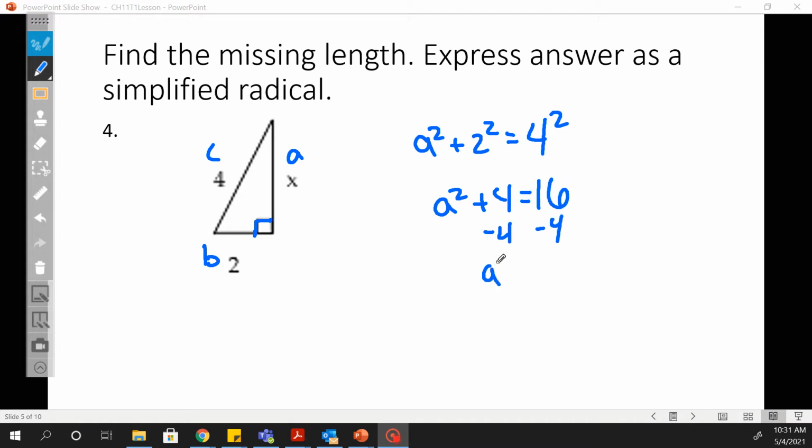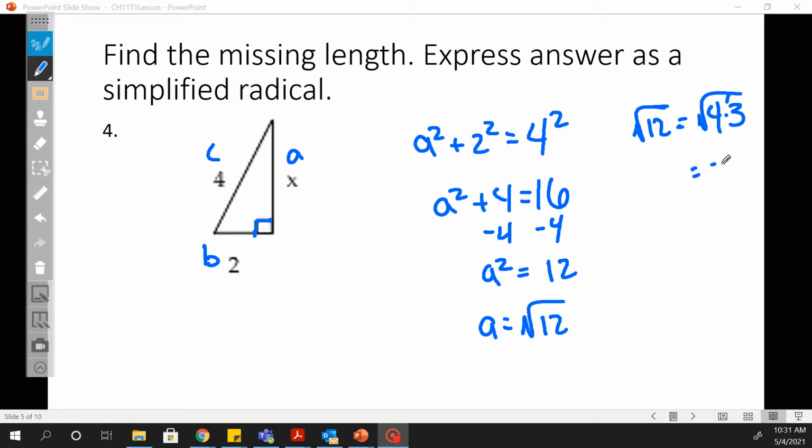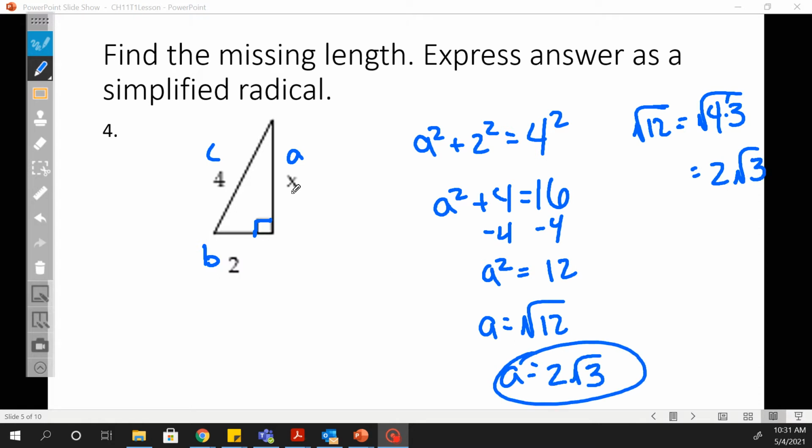Subtracting 4 will solve for a squared. A squared is equal to 12, which means a is equal to the square root of 12. The square root of 12 can be expressed as the square root of 4 times 3, and the square root of 4 is 2. So a is equal to 2 root 3. So this length is 2 root 3.